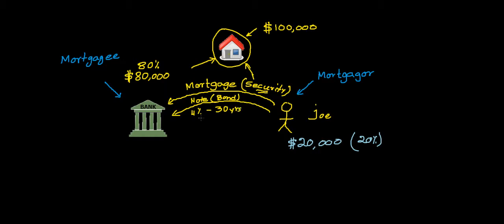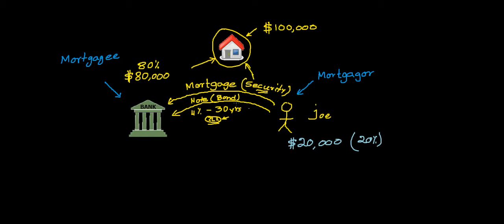What will the calculated monthly payment be? In a different video I'm going to show you how to calculate that. So the note is mainly to say there is some amount per month you have to pay, with terms of 4% interest for 30 years. That is the promissory note he is signing.